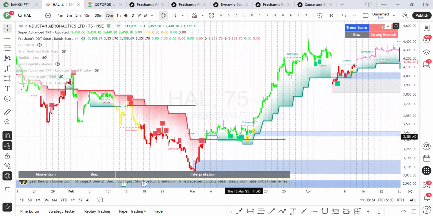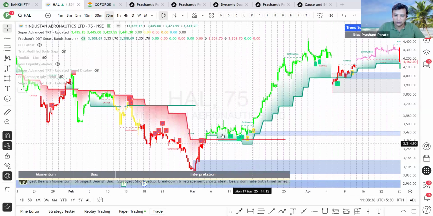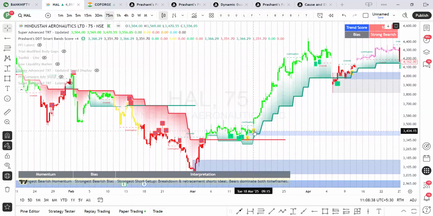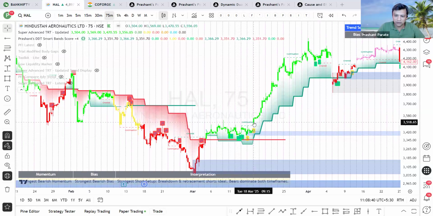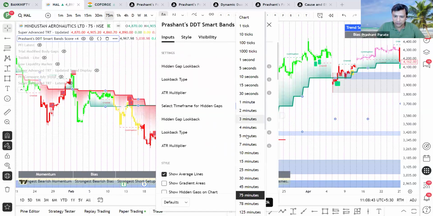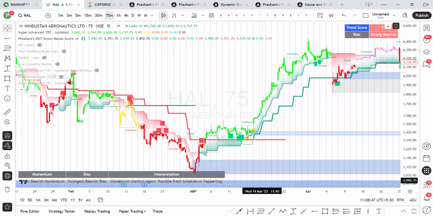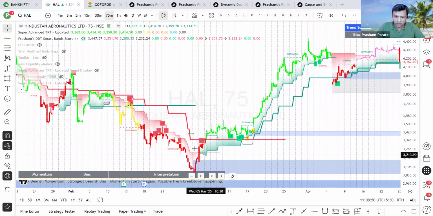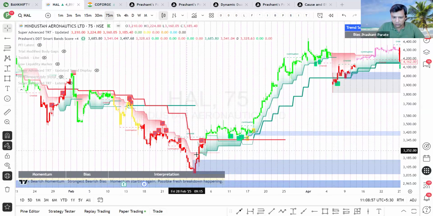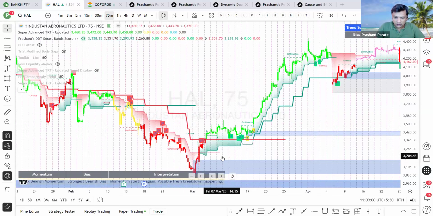And here we can see multiple entries to buy. There were multiple buy entries. Even here there is an opportunity to buy. I will make a band of 15-minute. Yes, so bullish momentum started from this candle. It continued. Bearish momentum was present till this candle. It was broken in this candle and completely disappeared later on.